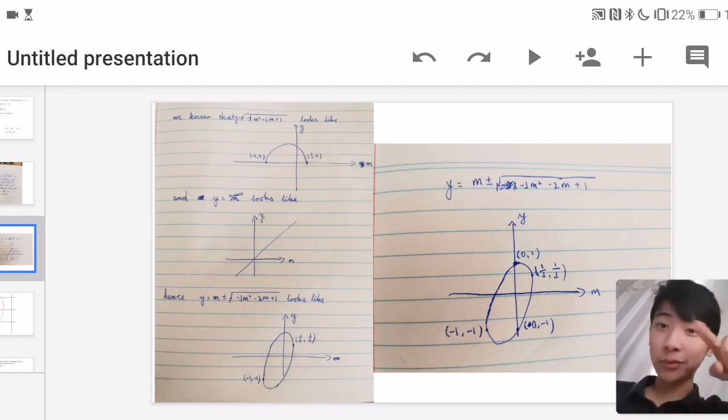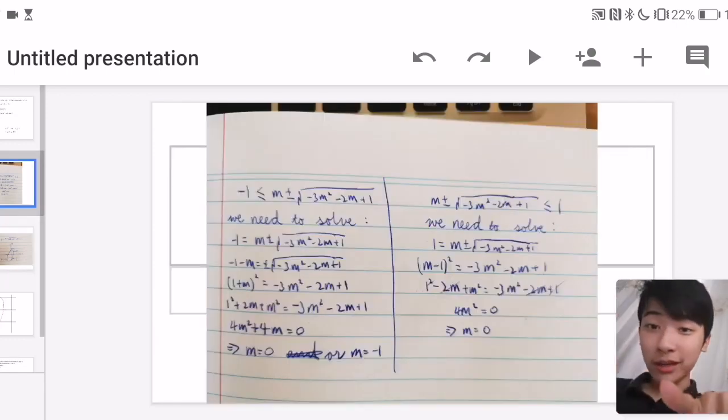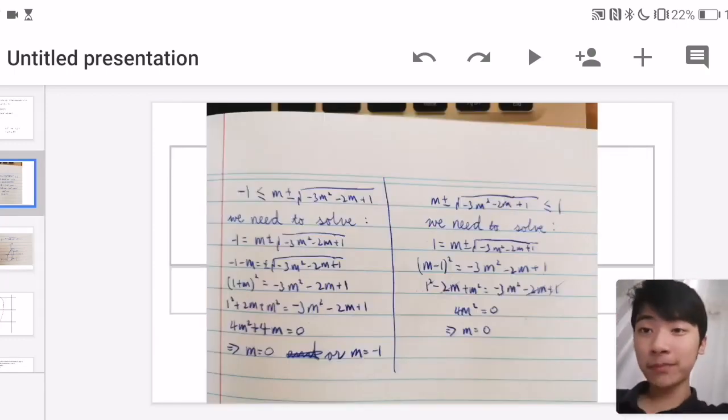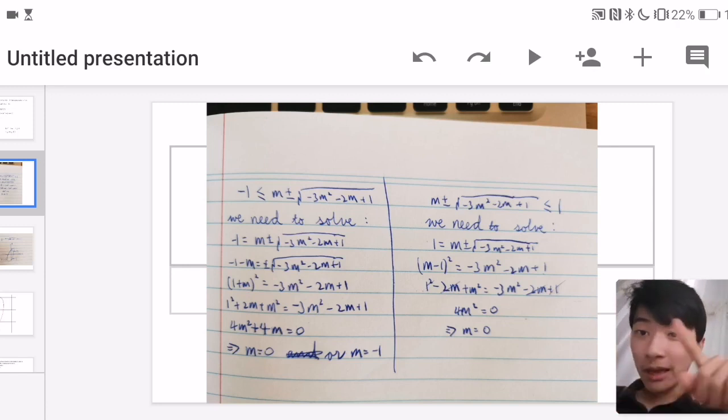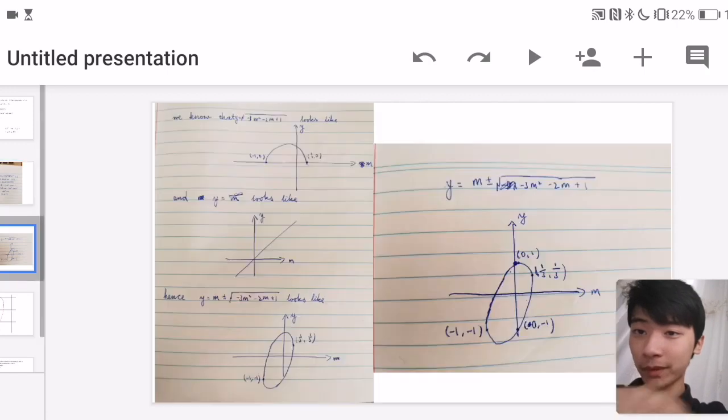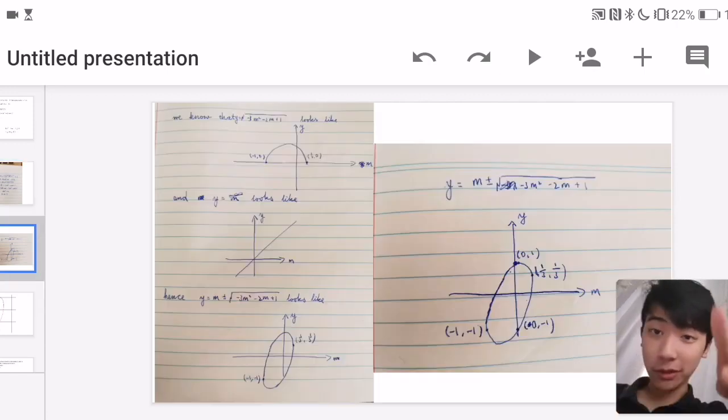Because m, also y, is a third, but the thing inside the square root is 0. And then we have another point at -1, -1. But from the previous slide, we also know that when the whole thing equals -1, m equals 0, right? So that's why the curve also goes through 0, -1.